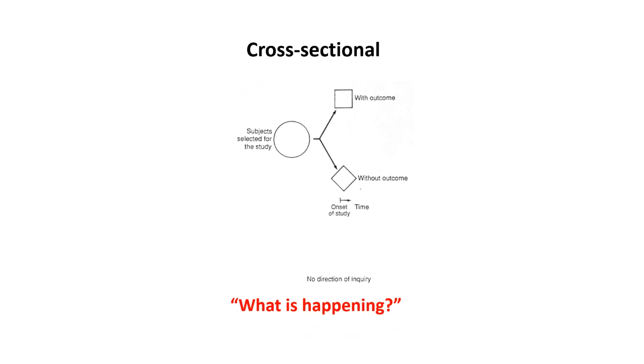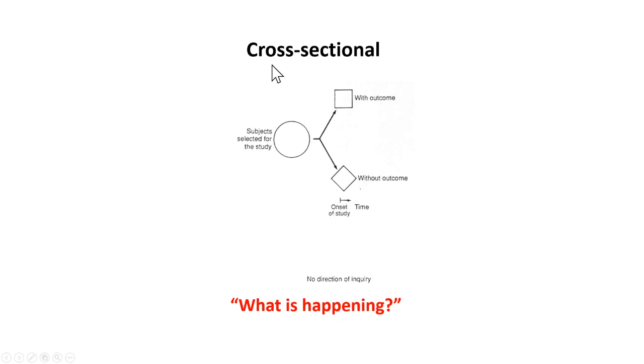So again, sticking with the COVID-19 example, if you have subjects who are coming into hospital and they're very ill, and you want to look at the difference between those who are admitted to ICU and those who are not admitted to ICU, and you basically want to see what are the risk factors associated with adverse outcome.